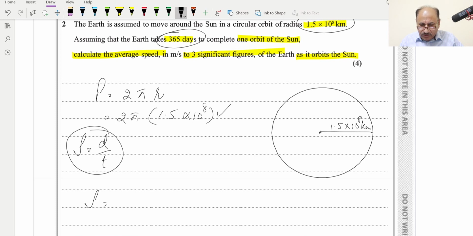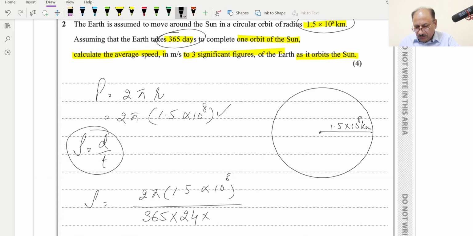Speed will be equal to, distance is 2 pi into 1.5 into 10 raised to the power 8, in brackets like this one, over, now, 365 days we want to convert into seconds. First we have to convert into hours, basically 24 hours in one day, and then hours will be changed into minutes by multiplying by 60, and then we further multiply by 60 to convert into seconds.